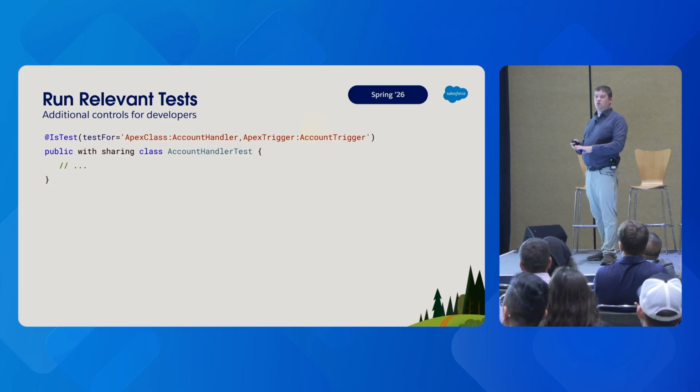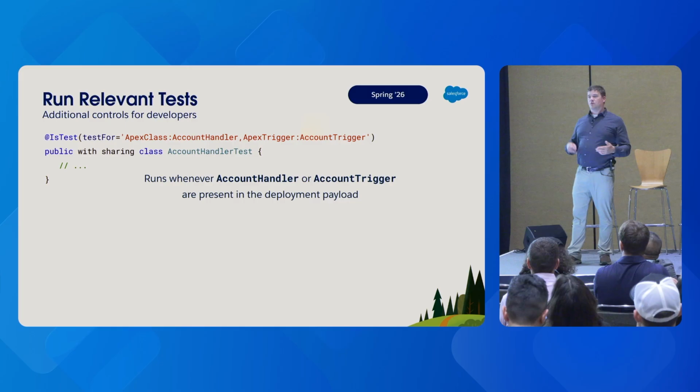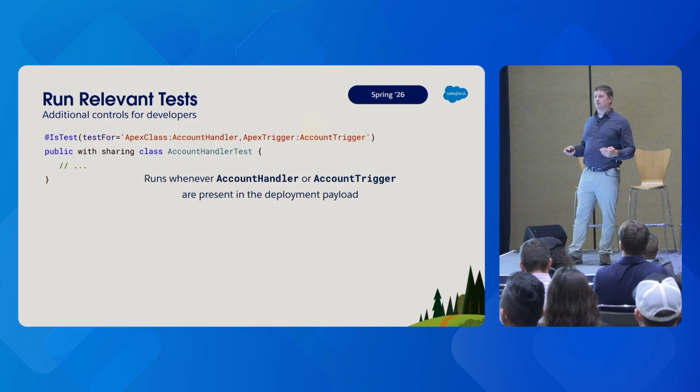So we've given you 2 new annotations on is test. You can indicate that a test is applicable, or should always be run, when, say, the account handler class is changed, or when the account trigger is changed. So if there's ever a metadata deployment with one of those classes or triggers in it, this test will always be included.